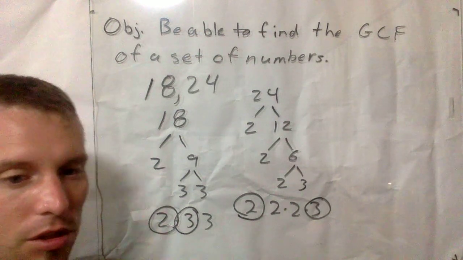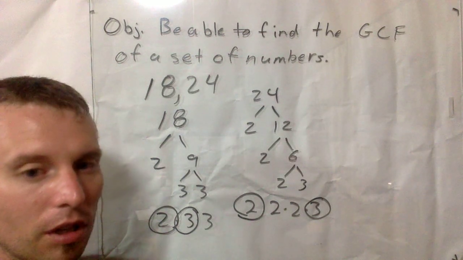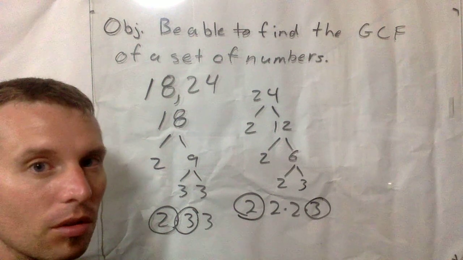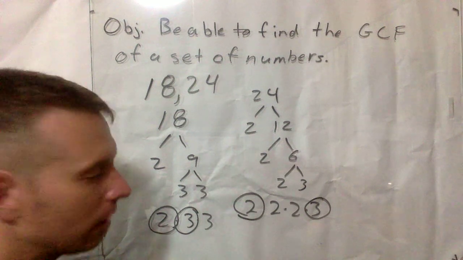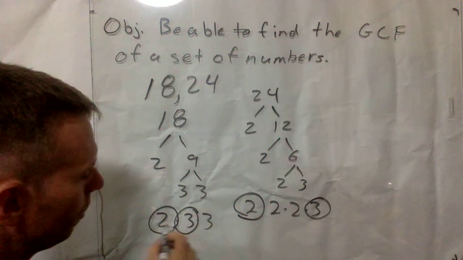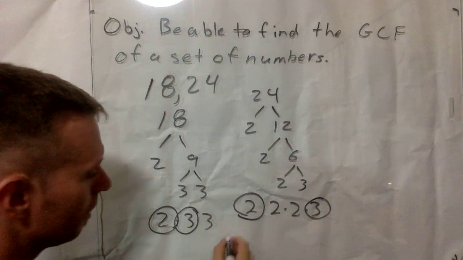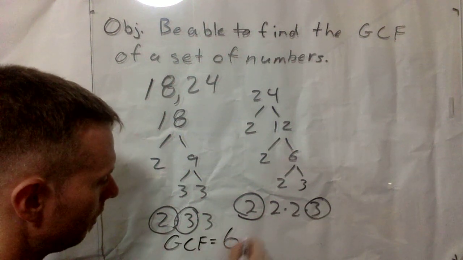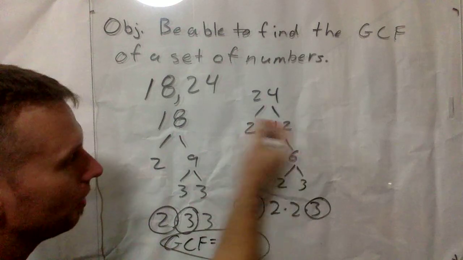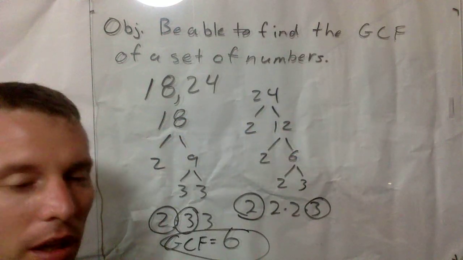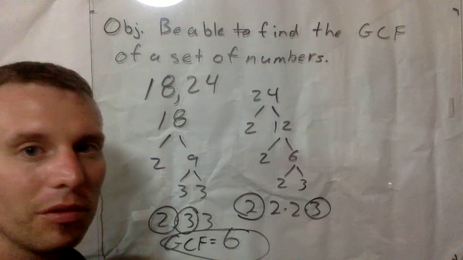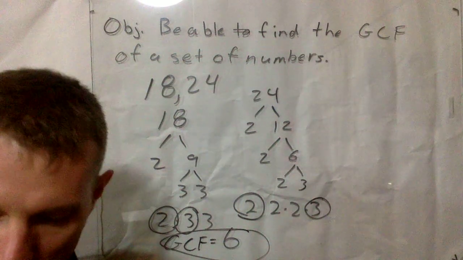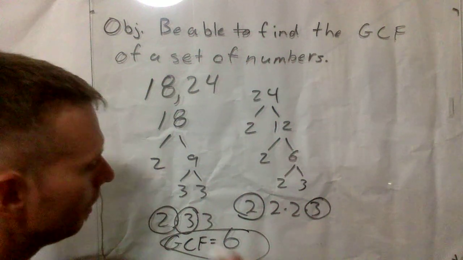But since they only share one 2 and one 3, those are the two prime factors that they share. Then 2 times 3 is 6, so the greatest common factor between 18 and 24 is 6. So that's the tree method.